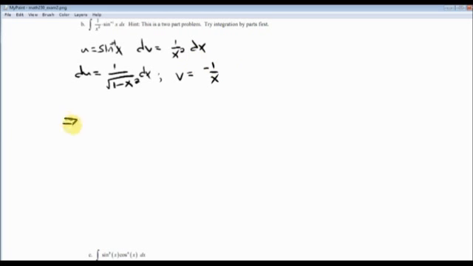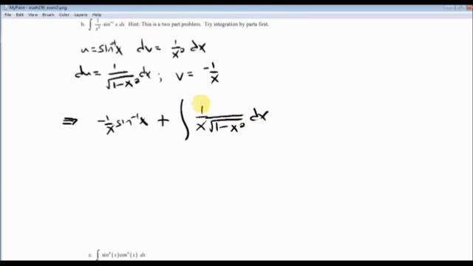So integration by parts, first step would be uv, so negative 1 over x, sine inverse of x, minus v du. So multiply these two together. Now there's a negative here, so I'm going to bring that out as a plus, 1 over x square root of 1 minus x squared dx.